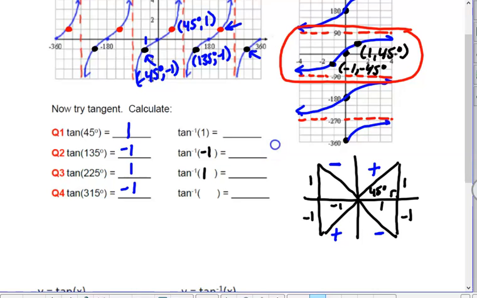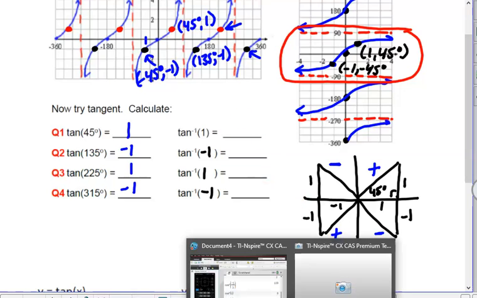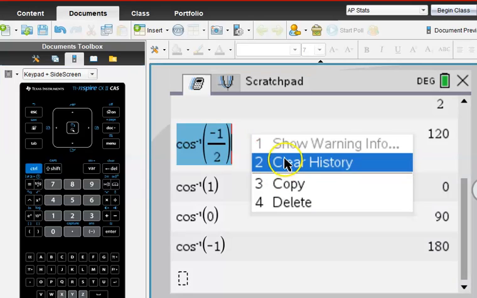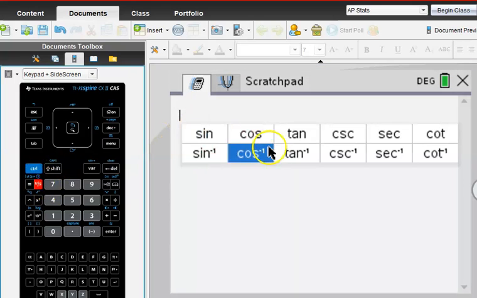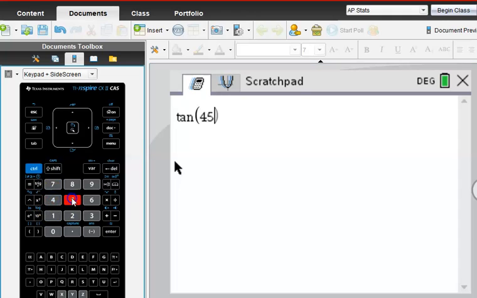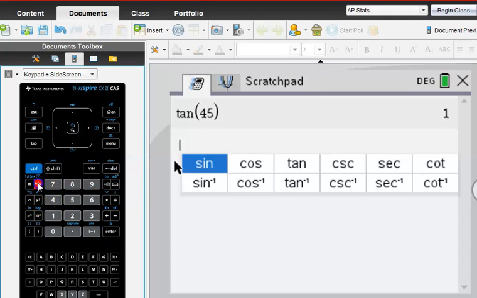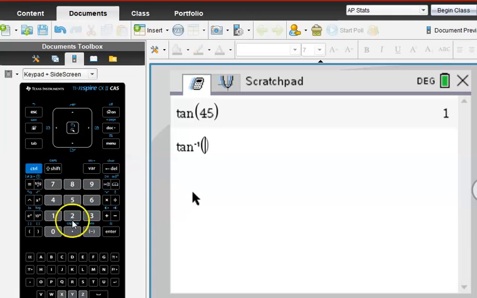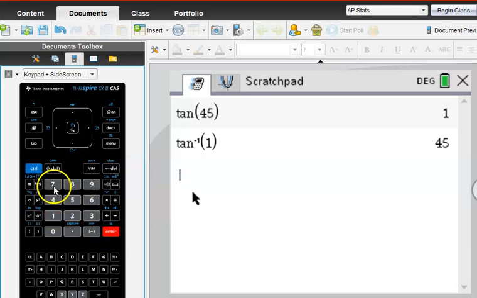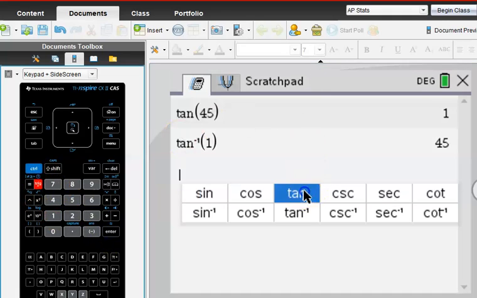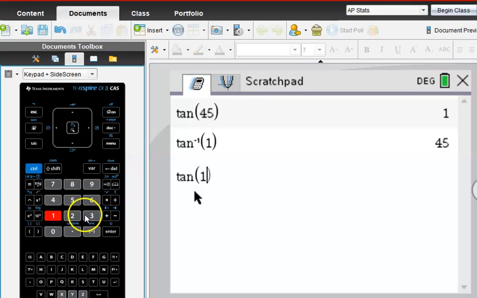So let's double check to see if we do get plus or minus 45 for inverse tangent of 1 and negative 1. So tangent of 45, 1. Inverse tangent of 1, 45, as expected. Tangent of 135, negative 1.